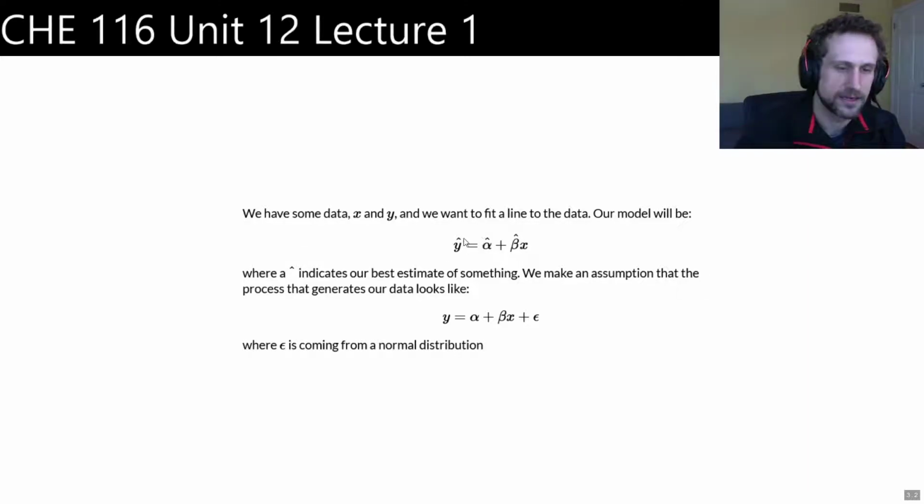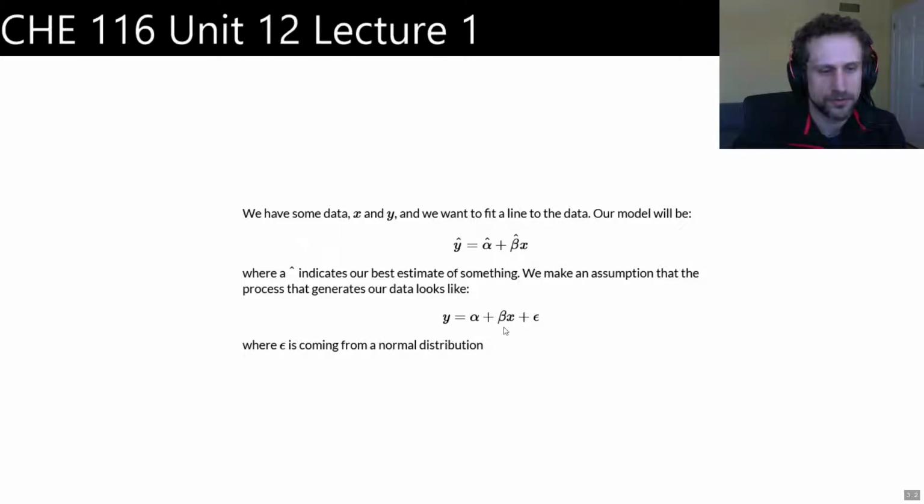If we have a hat, that means it's an estimate, okay? So we have x and y, which are true, so they don't have hats on them. The x's are real things that we have. This equation here is a model for what we think y should be. So in reality, the real y's are coming from alpha plus beta x plus some error.